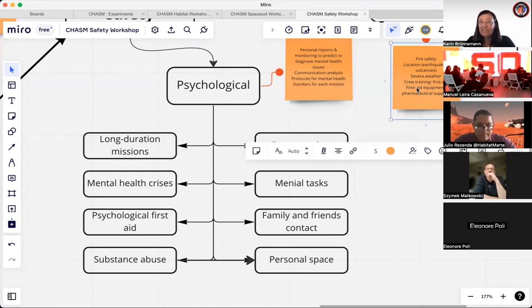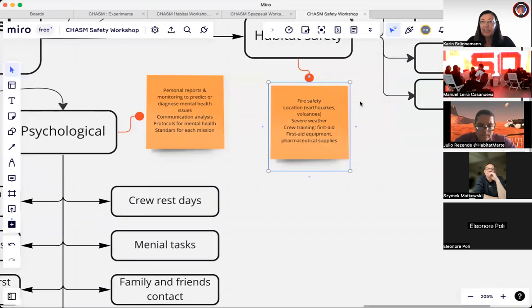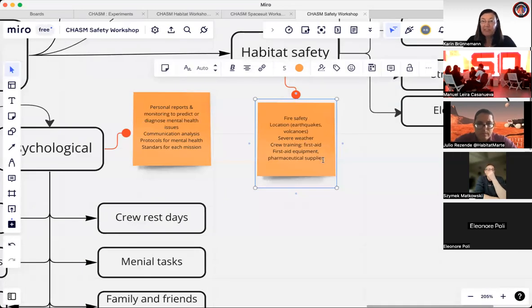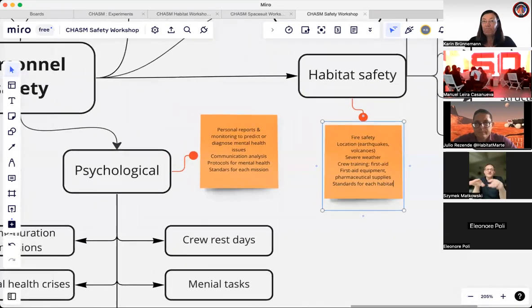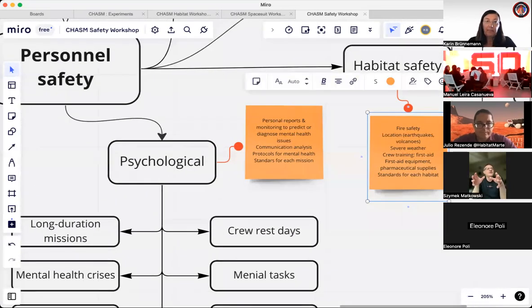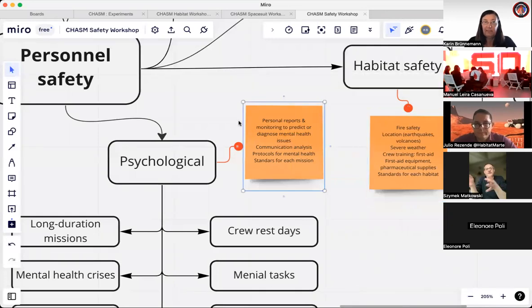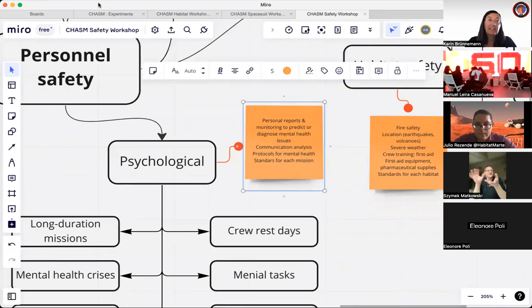So we should actually have standards for each mission in terms of psychological safety, and we should have standards for each habitat. So people all around the world can feel safe in any habitat they go to. It doesn't matter where they go. They will always be kept to a particular bottom level of the standard. Like they will always be secured from the criminals. Yes, safety.